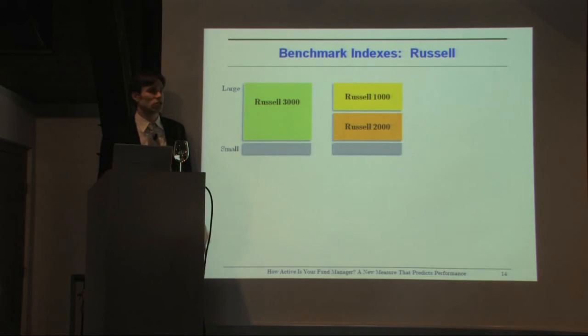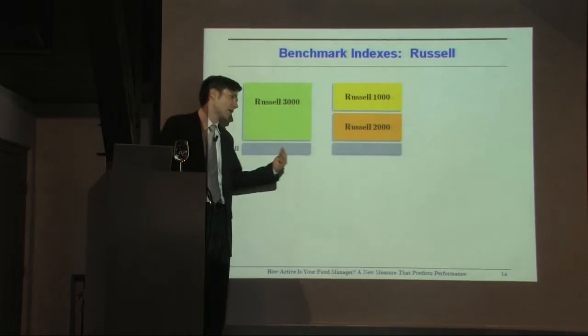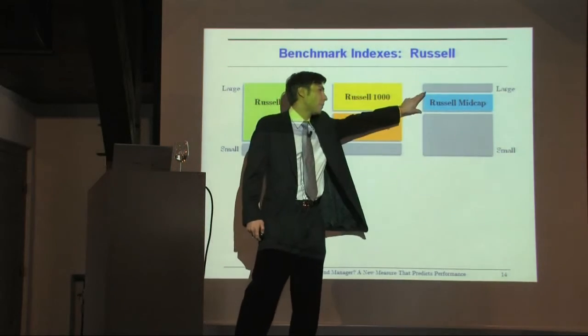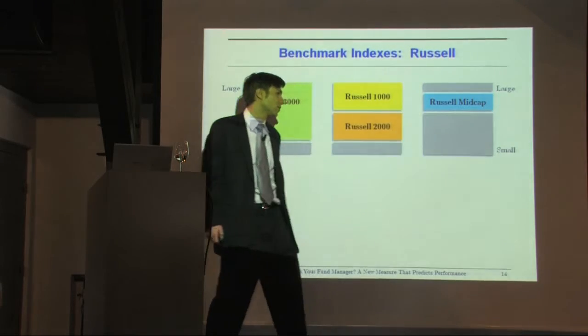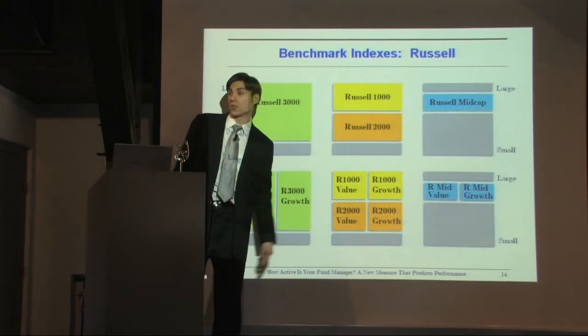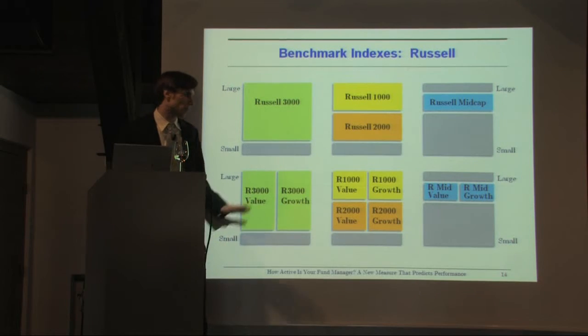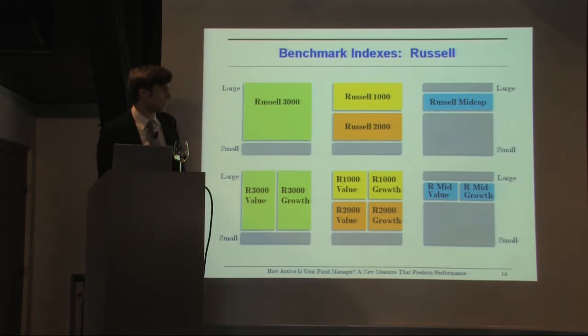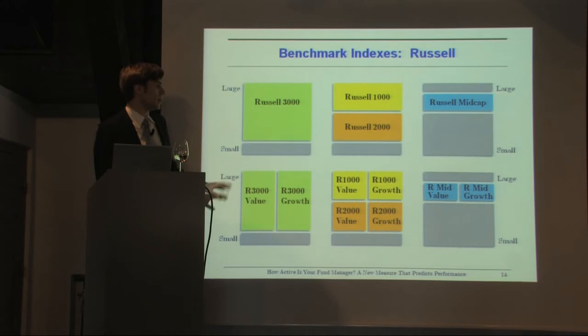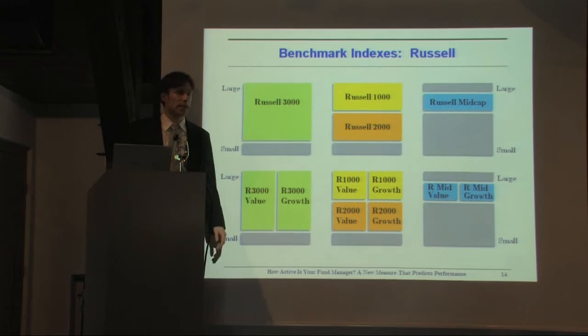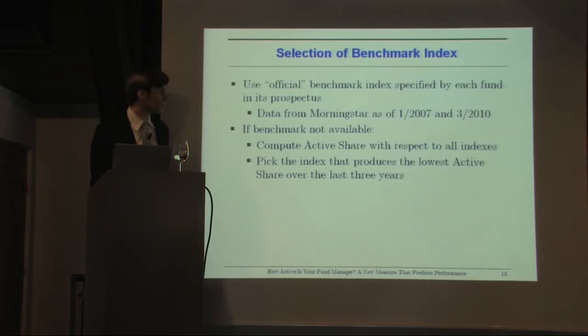Russell 3000 covers both of those universes, the top 3,000 stocks. Mid cap is the bottom 800 of the Russell 1000. And then we have value and growth components of each as well. So it's a pretty good selection of indices, pretty much all of the popular indices that US funds are benchmarked to.